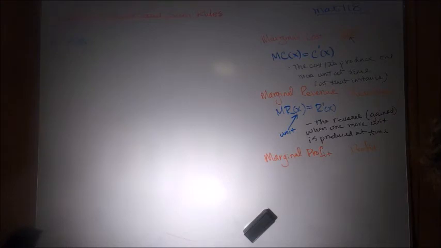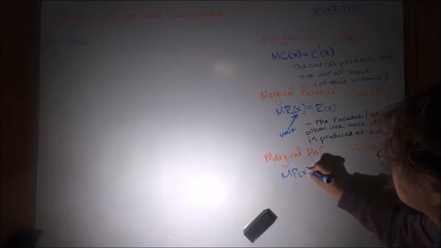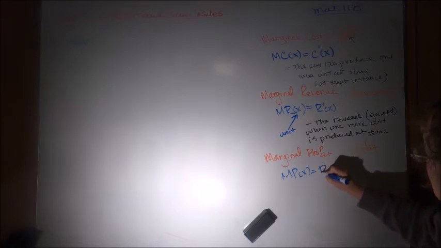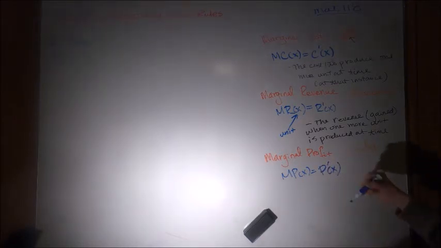Okay? Then we use the same concept for the profit. Mathematically, we use this symbol, marginal profit, which is what? Take a prime of the profit. Because when you take a prime, it means derivative.